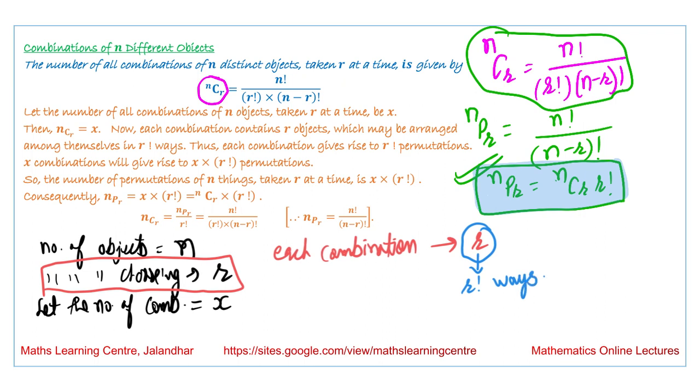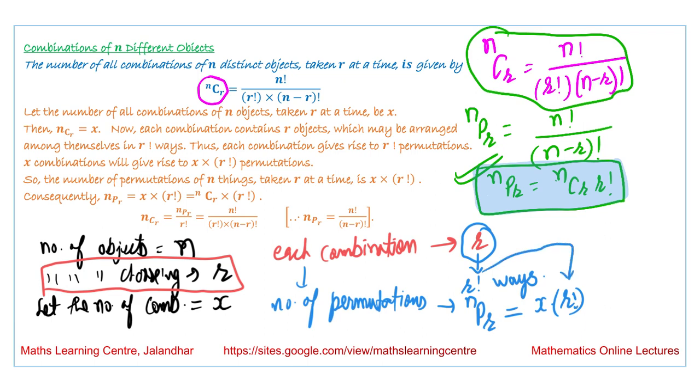So if we want to calculate the number of permutations, that will be NPR, and that will be equal to X into R factorial. This term X we have assumed is the number of combinations that we have made.